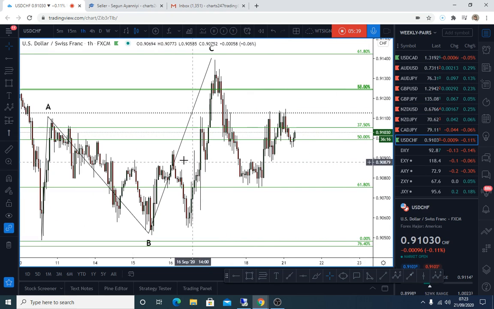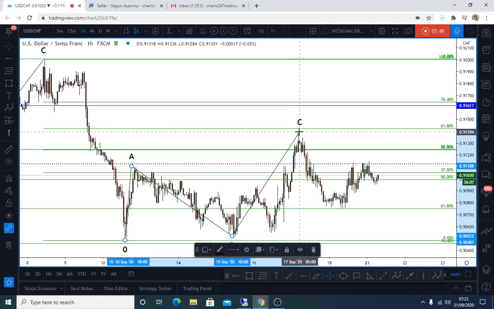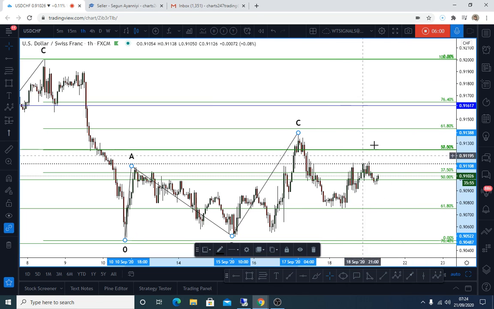Dollar Swiss, as we can see, this one is nice as well on the hourly chart. I did the analysis on this yesterday. Some people might see this as consolidation, but this is actually telling us that it's up already. And if you take the opposite side of buy in this one, you're probably going to pay for it.